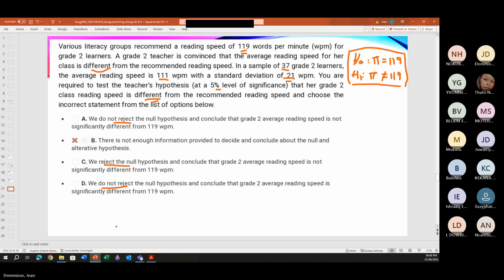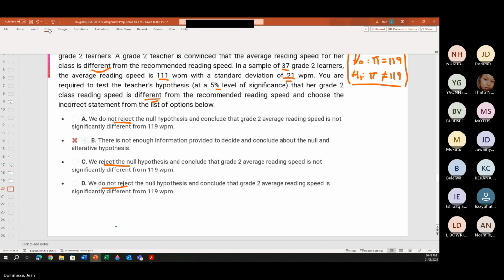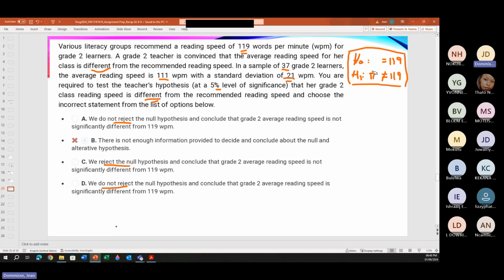Then let's quickly see the sample average reading. Sorry once again, I always in these ones wanted to go to proportions.